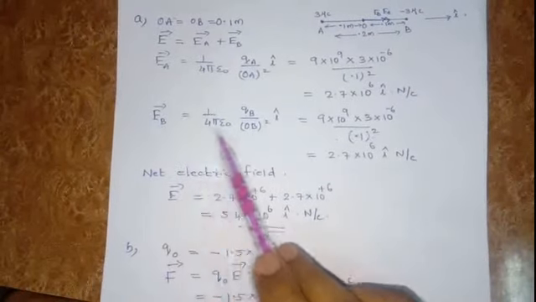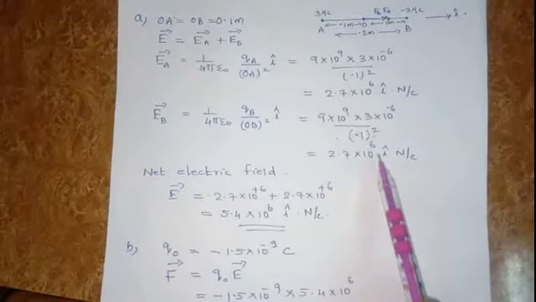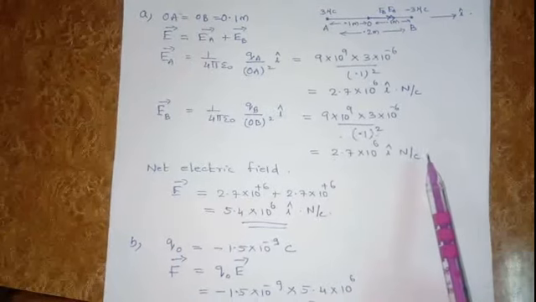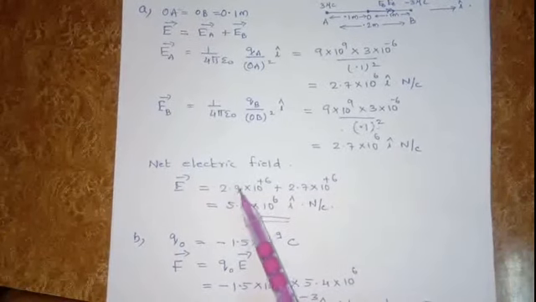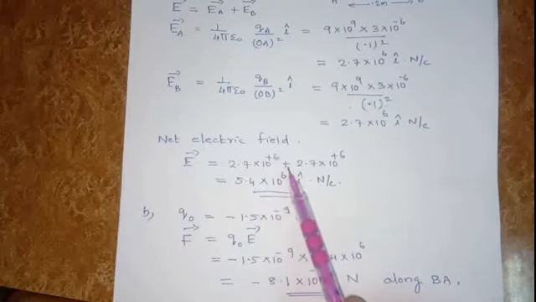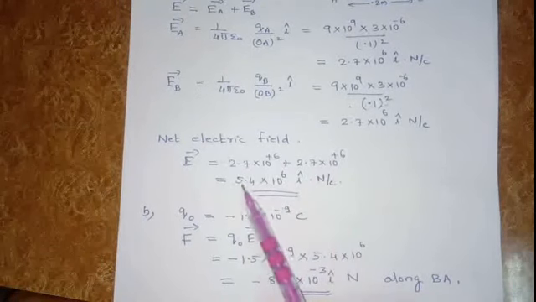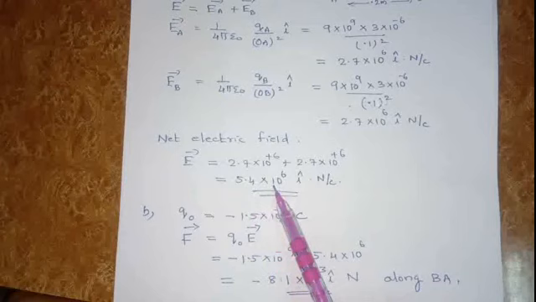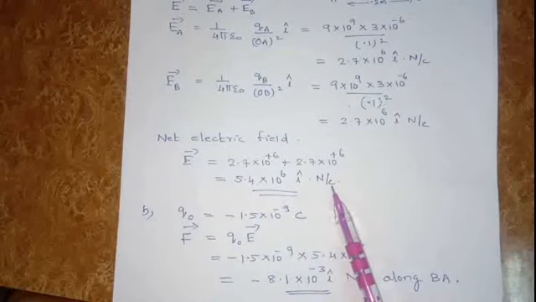Similarly, EB is also 2.7 × 10^6 newton per coulomb. The direction is i, the same direction. Therefore, the net electric field will be the sum of these two, 2.7 × 10^6 plus 2.7 × 10^6 is equal to 5.4 × 10^6 newton per coulomb.